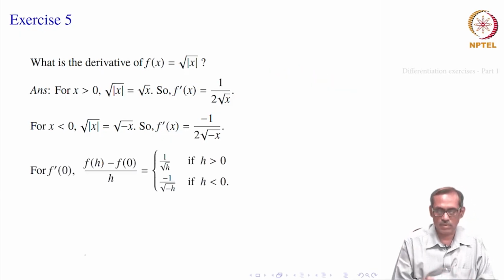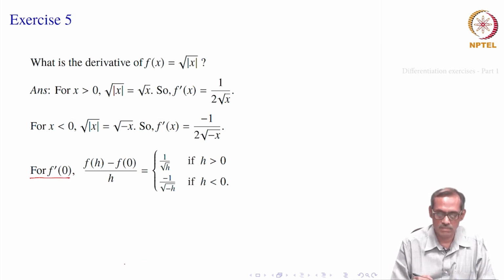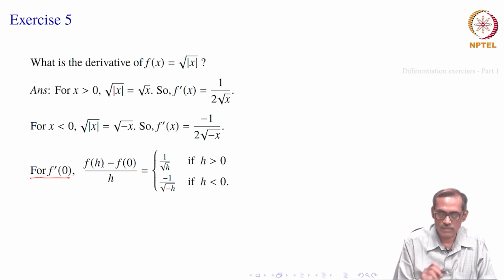Now, at x equal to 0, what happens? For f prime of 0, these formulas will not give anything. So, we go back to the definition: f of 0 plus h minus f of 0, divided by h. Now, what is f of h? h can be positive or negative.